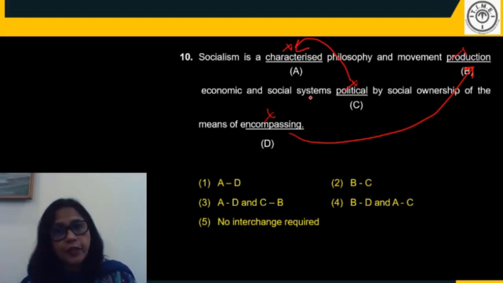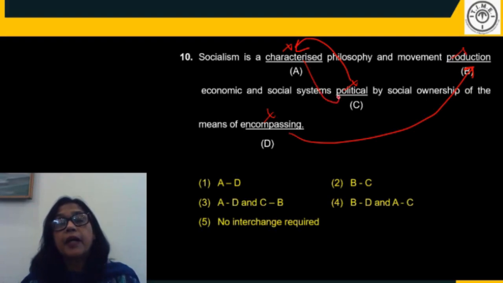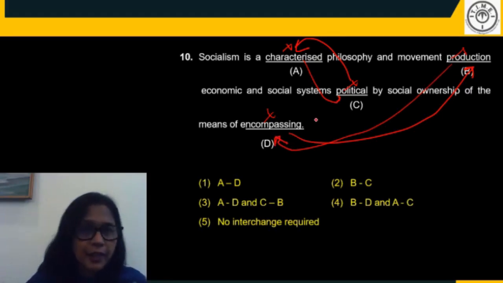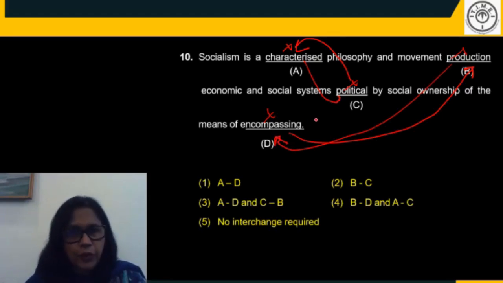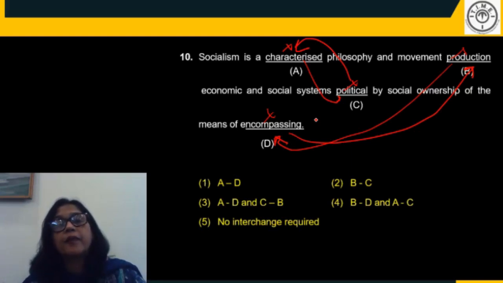Socialism is a political philosophy and movement encompassing economic and social systems characterized by social ownership of the means of production. So means of production again, yes, the collocation you can easily identify, means of production. Fine.